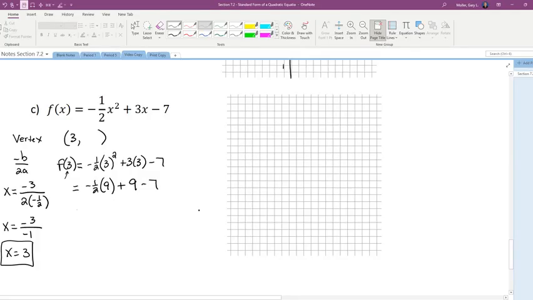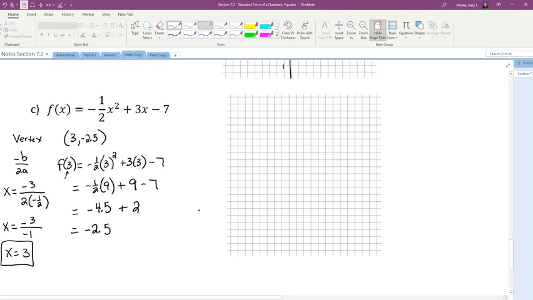Half of 9, that's going to be negative 9 halves, or 4.5 for you decimal friends. Negative 4.5, 9 and 7 make 2. So that's going to be negative 2.5. All right, so my vertex is at negative 2.5.